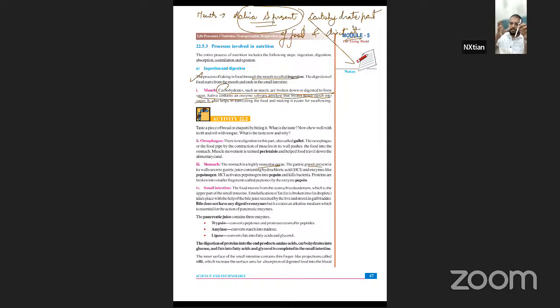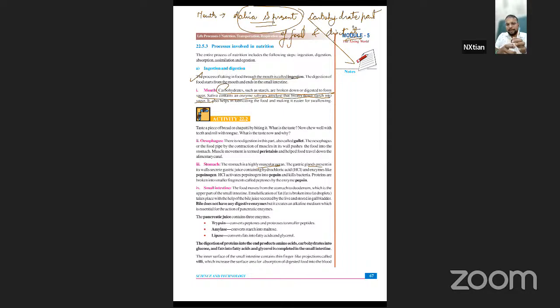The esophagus will have a rhythmic contraction and rhythmic relaxation. So it will be like this. This is contract, and this is relax. So rhythmic contraction and relaxation makes the food go into the stomach. This is food, then it will relax, then the next part will contract, then relax, then the next part will contract.